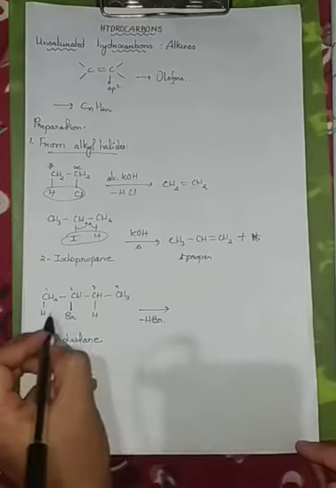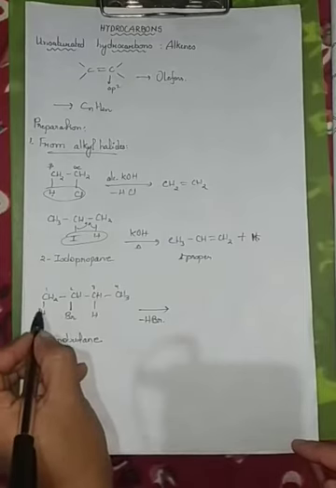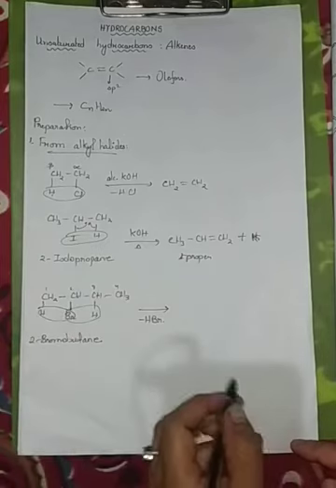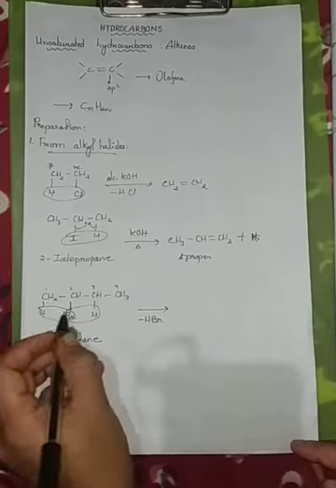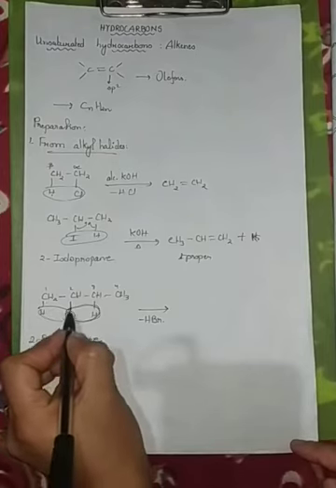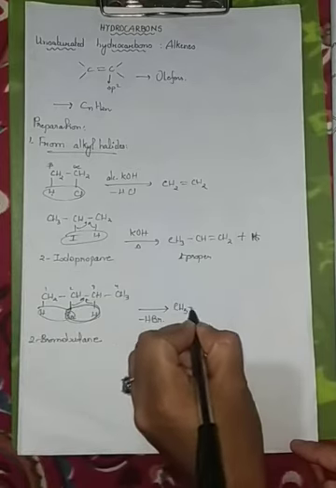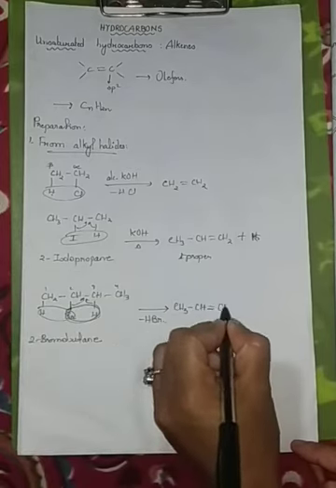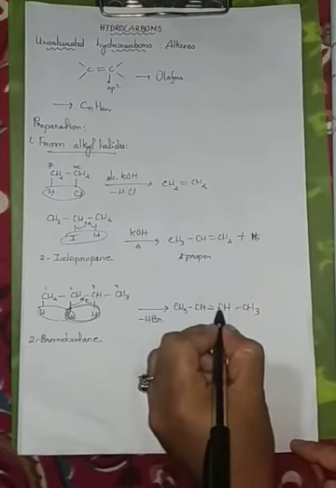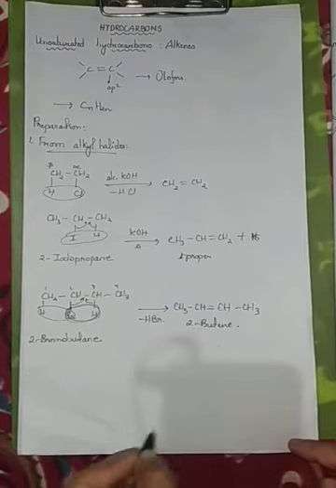Now the hydrogen can be removed from either side. Let's check out the first one, that is if this is removed. If this goes and this goes here, it will be CH3CH=CHCH3. Numbering 1, 2, 3 and 4, this is the 2-butene molecule.